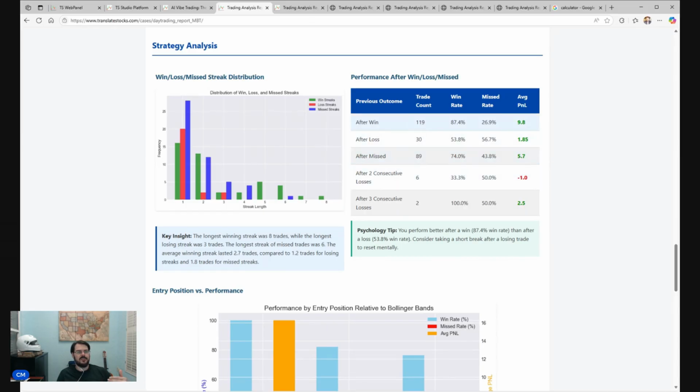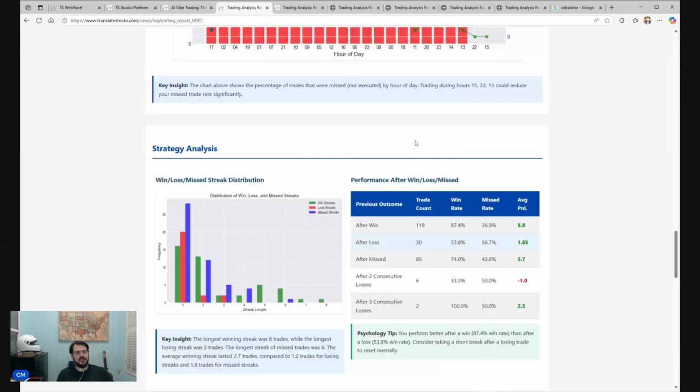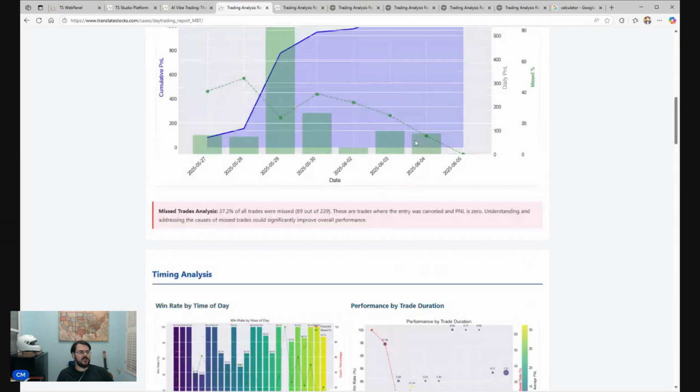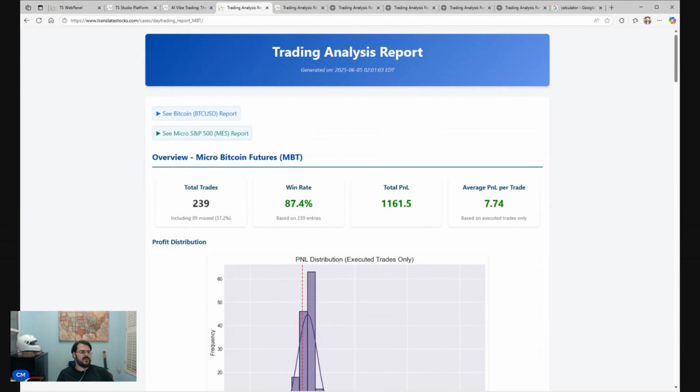The trade count is actually higher than it seems because a lot of trades are missed. They are not filling the entries because the take profit goes on before the entry is filled. And then the missed rate is higher for this kind of strategy. That's why the trade count is so high, but we don't have that many trades. If you go up here, you have 89 missed trades. So we have 100 and something trades going on here.